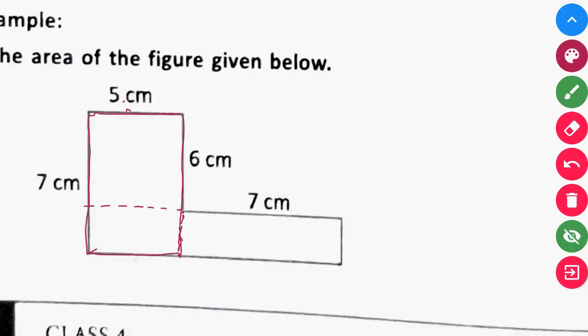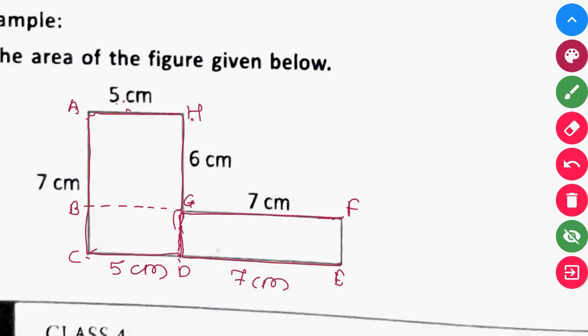Opposite sides are of equal length. Now we'll give the points A, B, C, D, E, F, G, H. If AH is 5 centimeter, what is the length of CD? 5 centimeter. Now if GF is 7 centimeter, what is the length of DE? 7 centimeter.